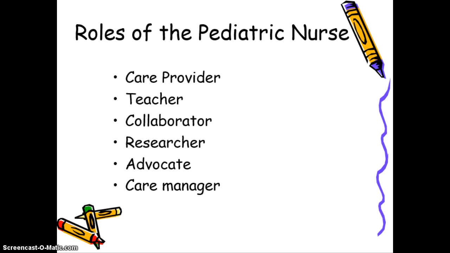But the idea behind the role of the pediatric nurse is that we want our clients to achieve optimal health. Our focus is going to be improve quality of health care for children. We want to focus on growth and development, health promotion, family-centered care, concepts by age groups, and then also being child advocates.